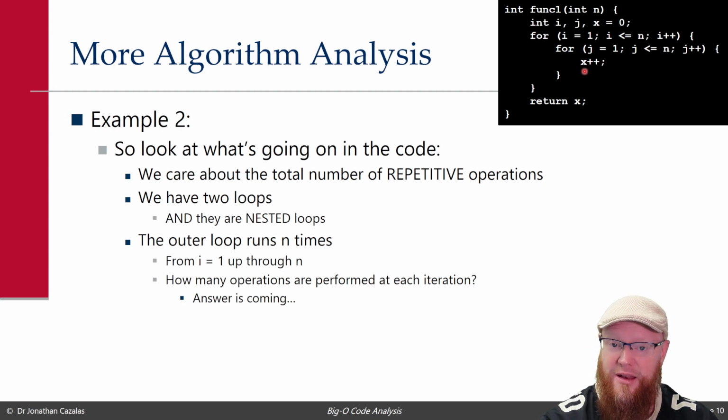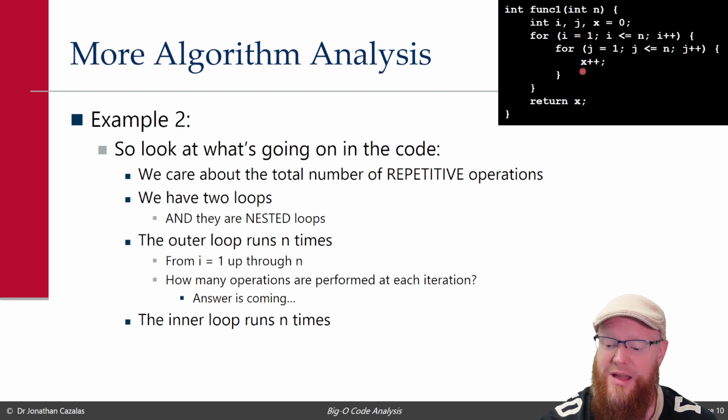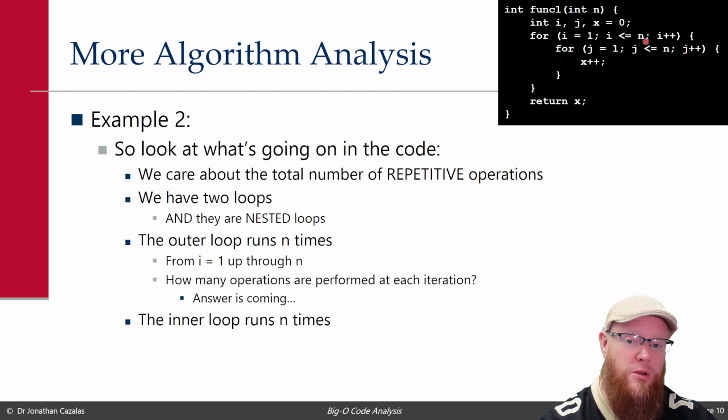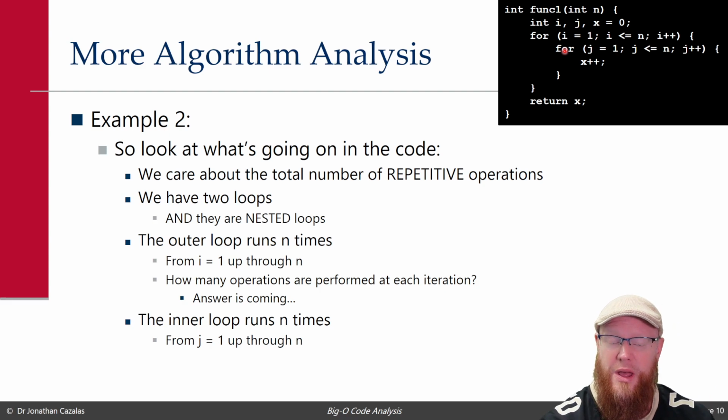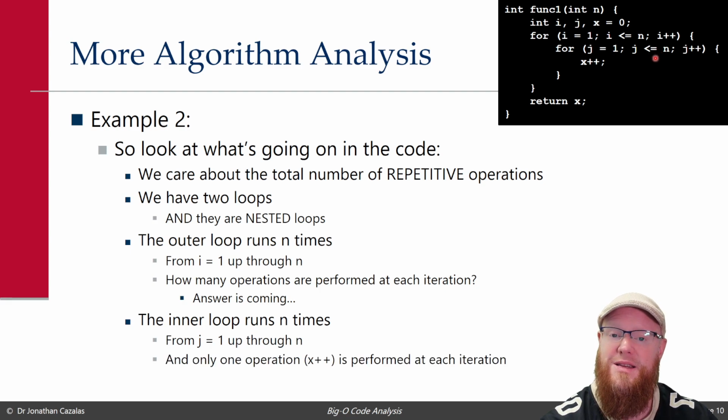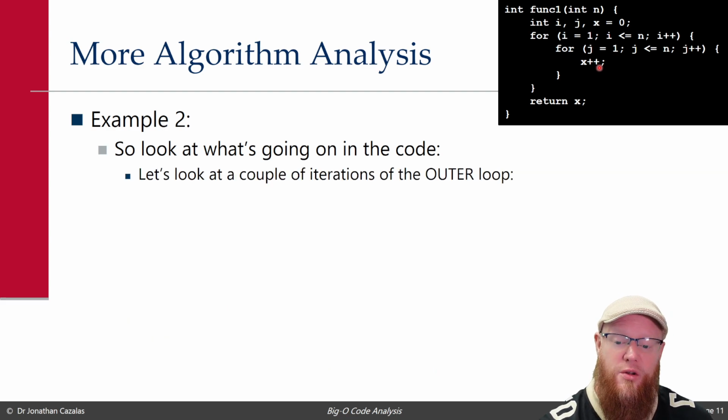We have inside at each iteration another entire loop. But before moving on, we can see that this outer for loop is going to iterate exactly n times, from I equals 1 to I equals n. Now, this inner for loop also iterates n times, from j equals 1 to j less than or equal to n. And now we finally have an operation. We're doing x plus plus, just a single operation at every iteration of that inner for loop.